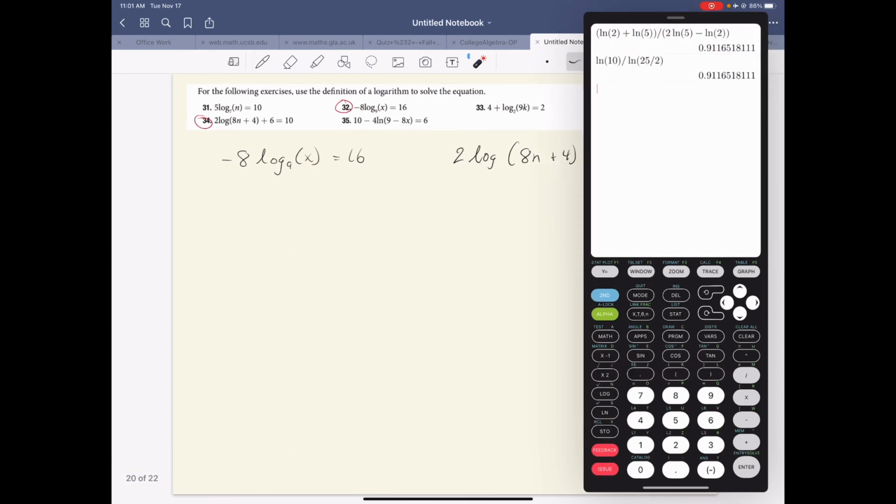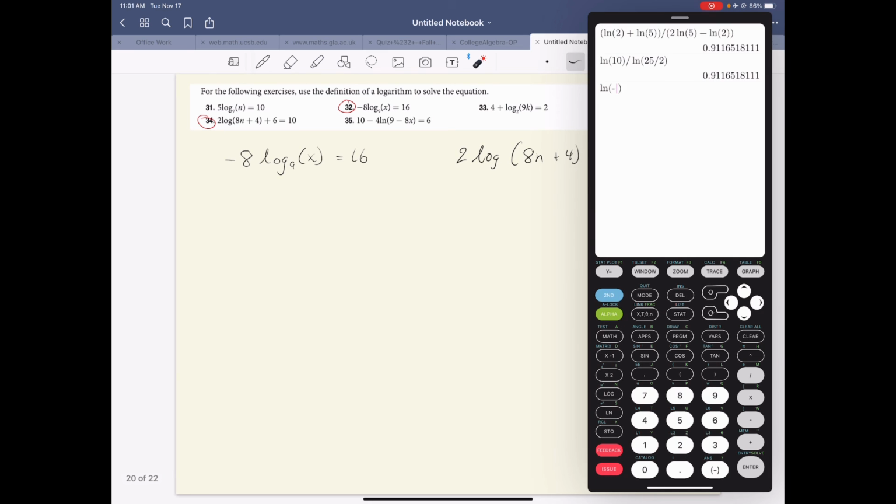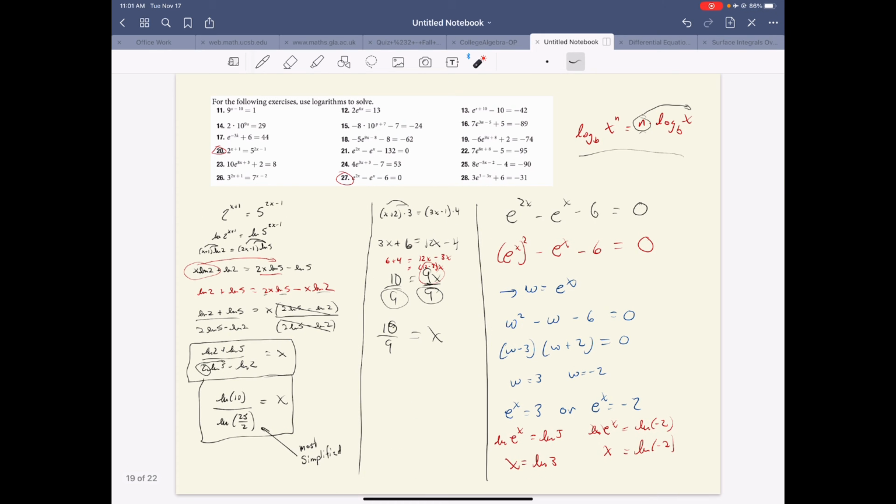If I went into the calculator and said, what's the ln of negative 2? Remember, it says not a real number. And so, since it's not a real number, this one I don't have to worry about. But if I didn't notice at first that that can't be negative, the calculator would tell me when I check my answers. And so that doesn't work.